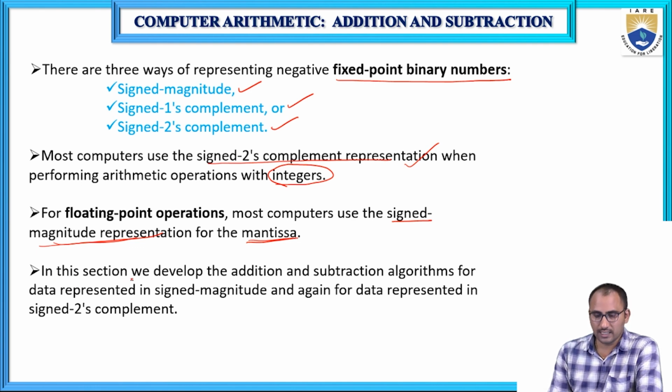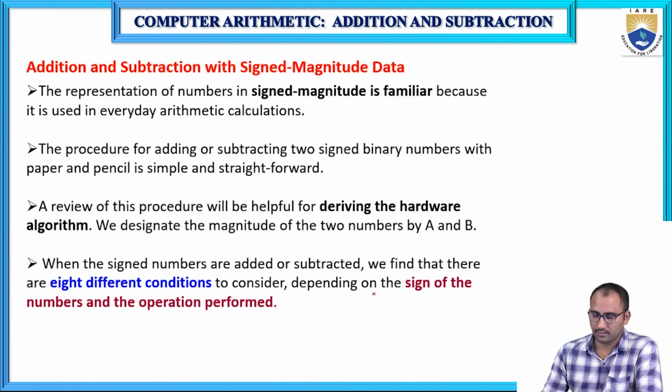In this section, we develop the addition and subtraction algorithms for data represented in signed magnitude and signed twos complement forms. Let's see how we can perform addition and subtraction using signed magnitude data. The representation of numbers in signed magnitude is familiar because it is used in everyday arithmetic calculations.